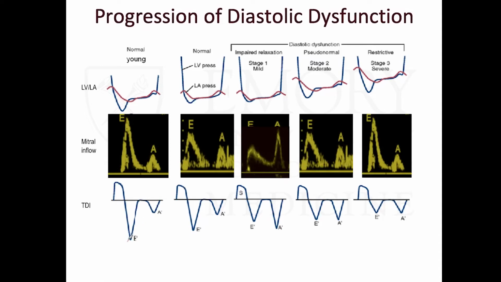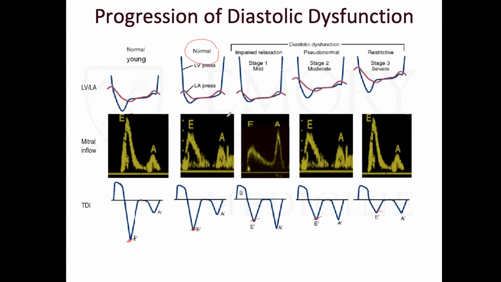And notice that one of the more important things we look at is tissue Doppler. And as tissue Doppler worsens, the diastolic parameter changes. Now, let's talk about some helpful tips to try to figure out, for example, normal and pseudonormal. So if I see a normal E to A ratio in a normal heart in a young person, it's probably normal.